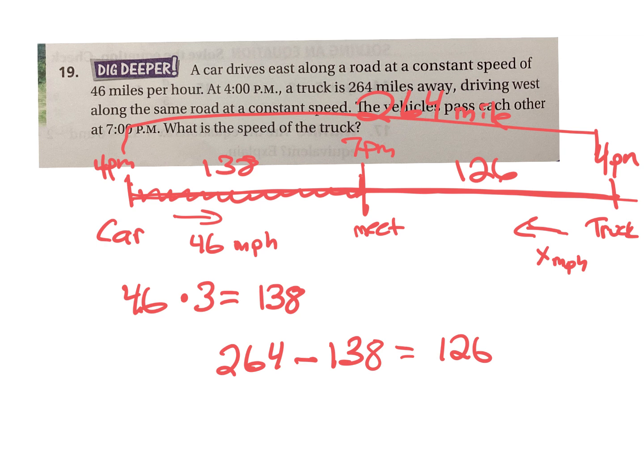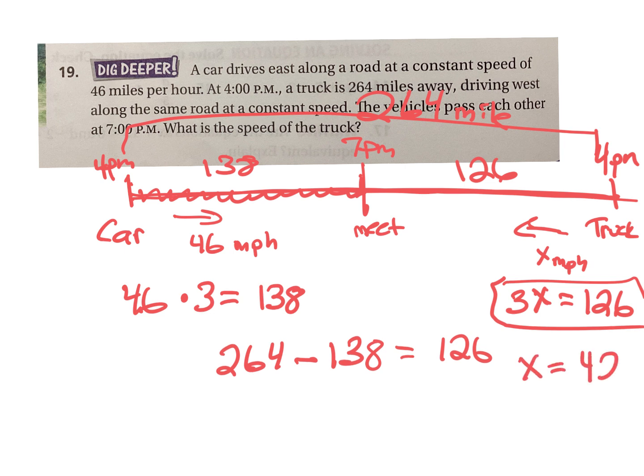We want to know how many miles per hour that is. So 3 times miles per hour equals 126. So there's your equation. And then you just have to solve for x. I'm going to take my 126 divided by 3. It gets me x equals 42 miles per hour.